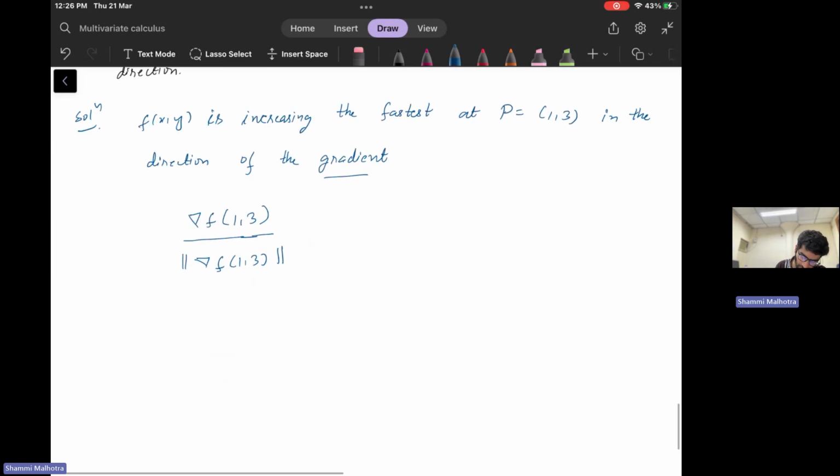To get the gradient, I have to calculate the partial derivative with respect to x.